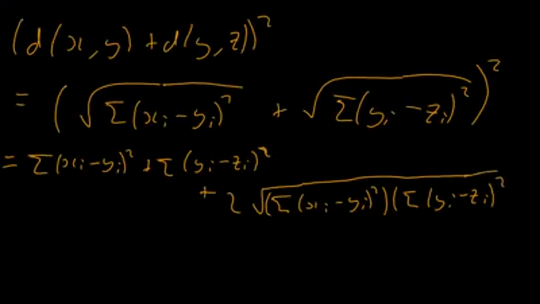Okay, but notice that if we just take this xi minus yi to be a single number, here we can apply Cauchy's inequality, right?